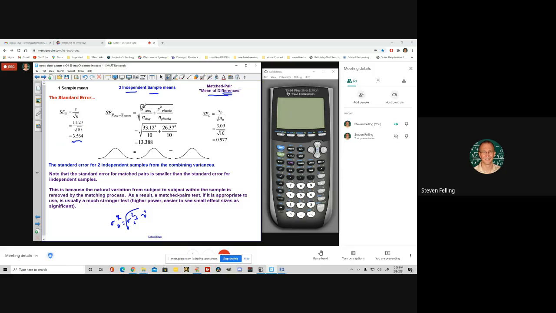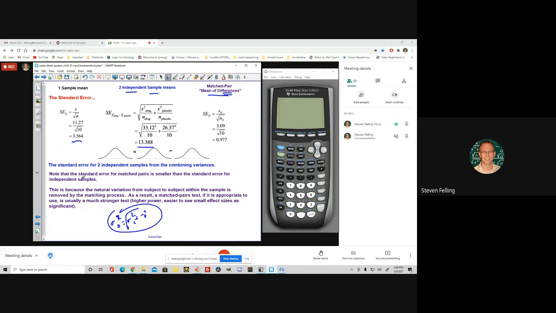So you have the standard deviation of the drug data squared divided by the sample size, plus the standard deviation for the placebo patients squared over the sample size. And that computes out to be 13.388. This is the reason why we have a condition that the groups must vary independently, so that this formula is working to combine things using those probability ideas.